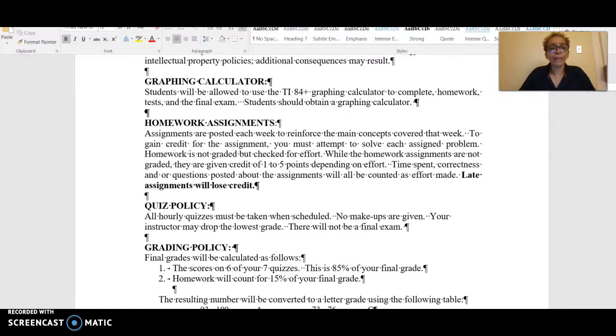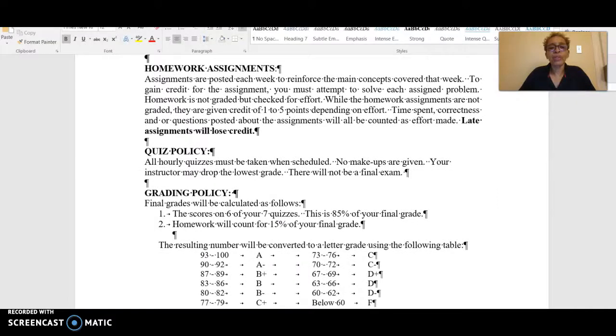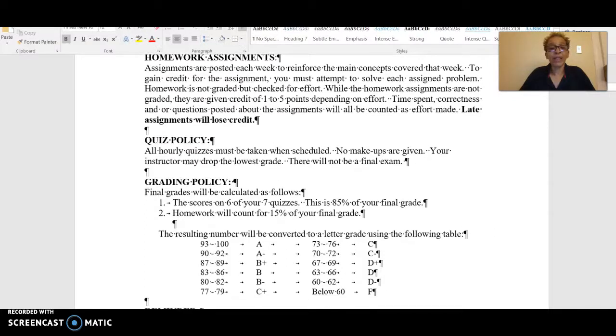Quiz policy: all the hourly quizzes must be taken when scheduled. No makeups are given. And I will drop the lowest grade, and there will not be a final exam. All right, so there are going to be 7 quizzes, so no tests. They're quizzes, right?